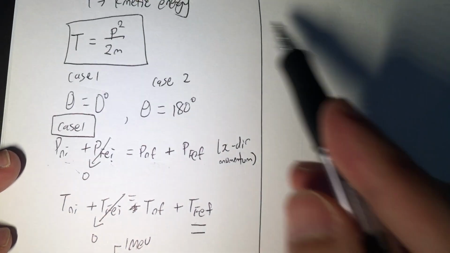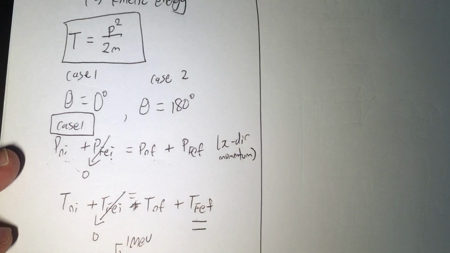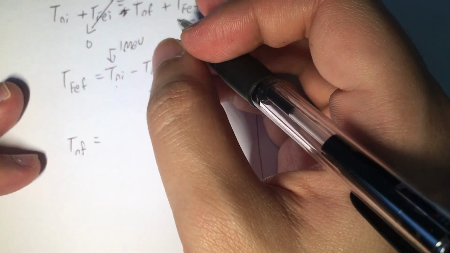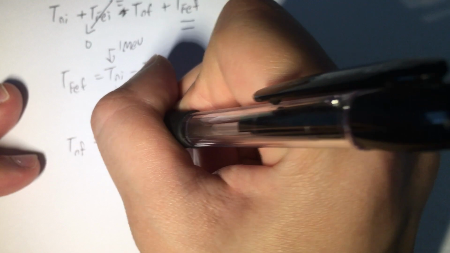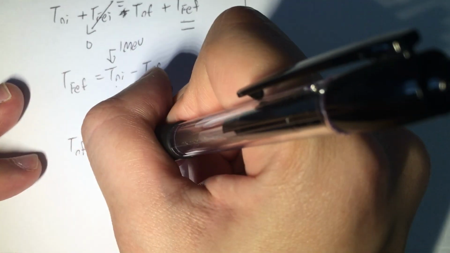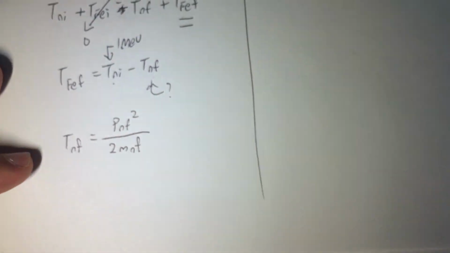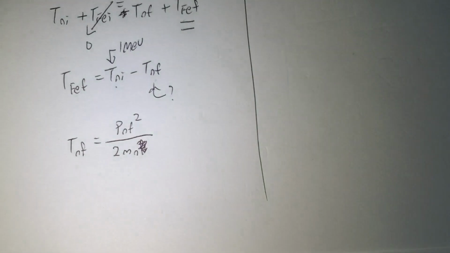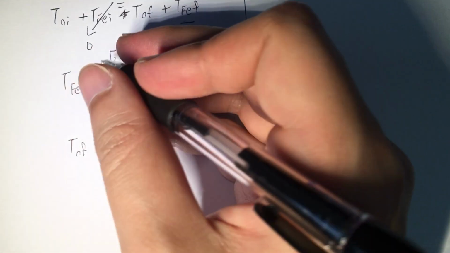How do we do so? We use this relation: the final kinetic energy of the neutron equals the final momentum of the neutron squared divided by 2 times the mass of the neutron. So let's substitute that in.